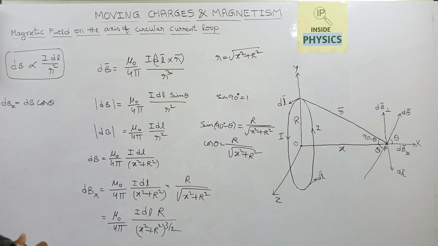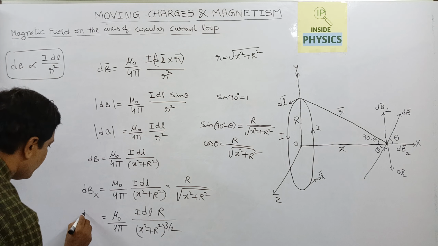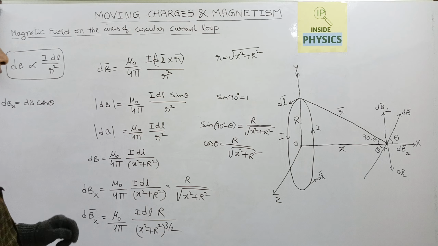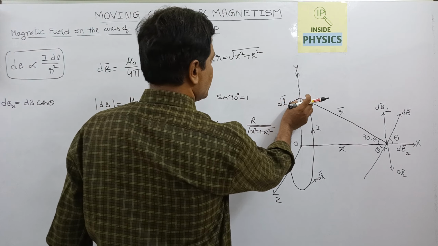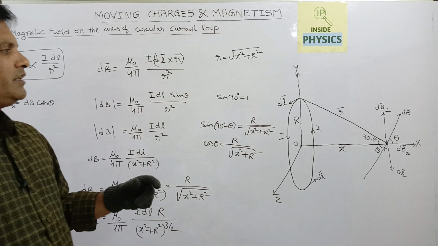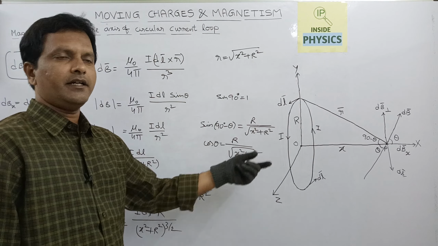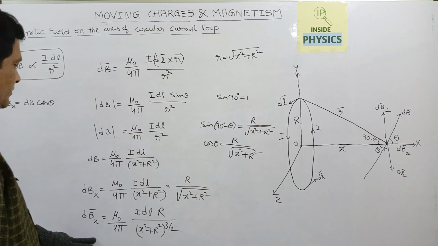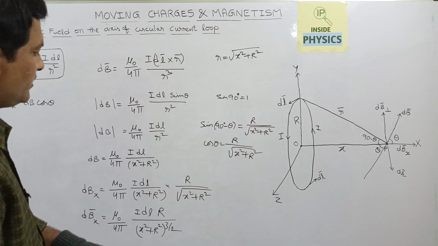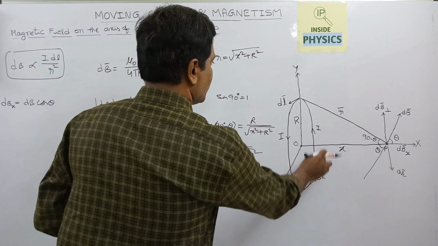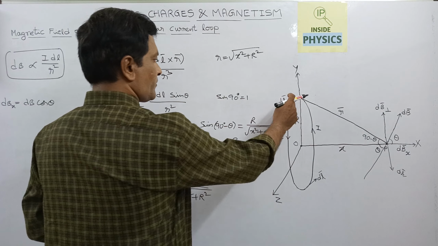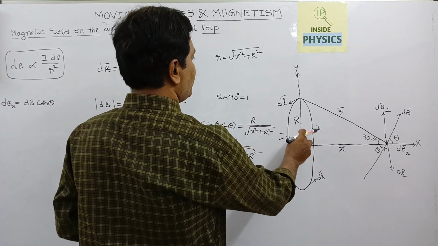If you observe this magnetic field, this magnetic field is only because of this current element only. So we want the magnetic field due to the entire current loop. What we have to do is take the current length element for the entire current loop. What is the length of this current loop which is having a radius r?